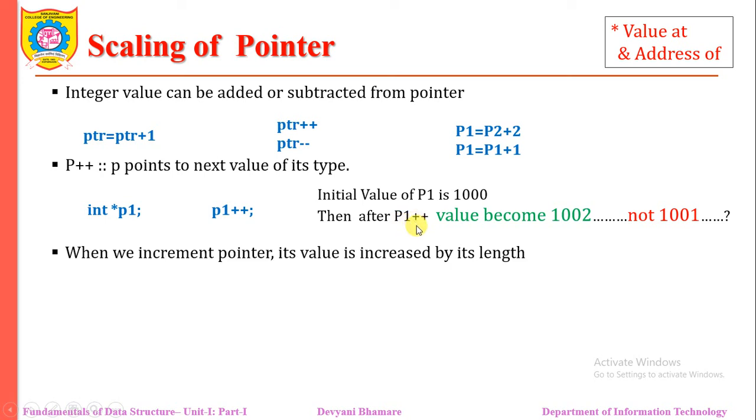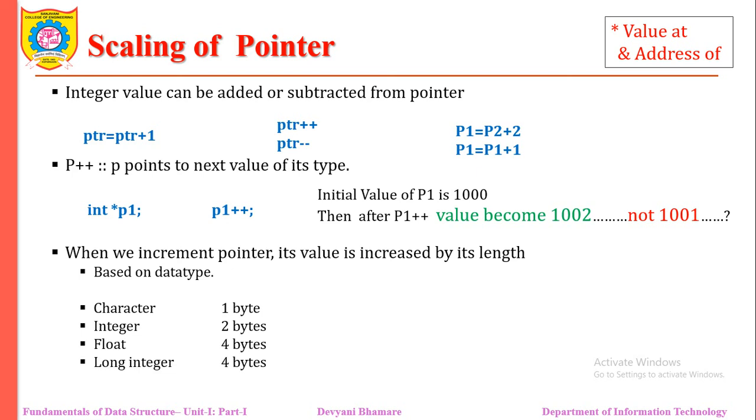That's why we have to understand what is the scaling factor of that particular pointer. So when we increment the pointer, its value is increased by the length of the data type. That is, it is based on the data type. If it is a character, the pointer will be increased by 1 byte. If it is an integer, it is increased by 2 bytes, for the float 4 bytes, for the long integer 4 bytes, and so on.